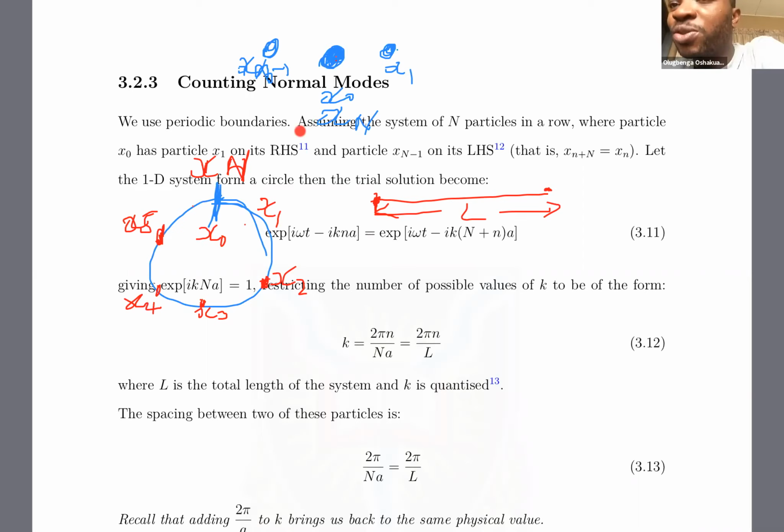We use periodic boundaries, assuming that we have N particles in a row, where particle x naught, so this is my x naught, has x1 on its right hand side, and x_{N-1} on its left hand side. So this x5 is as good as x_{N-1}, because our x naught is also as good as our x_N.